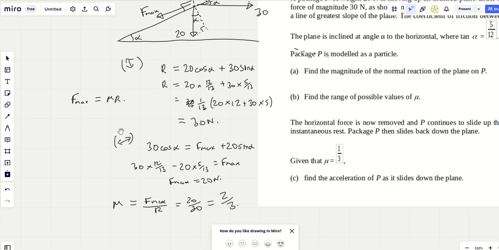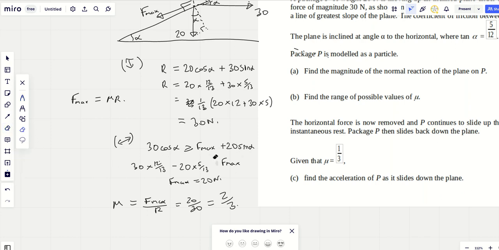Really, what I should have done throughout, and let's be strict here, is said 30 cos alpha should be greater than or equal to F max plus 20 sine alpha. That's because if it's accelerating up the slope, then the forces up the slope should be stronger than the forces down the slope.